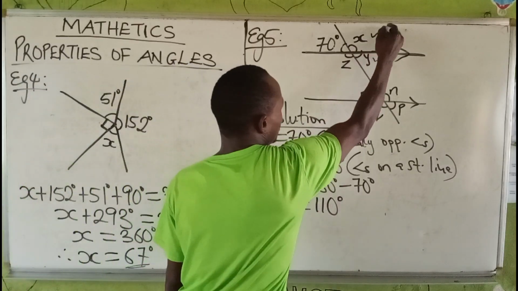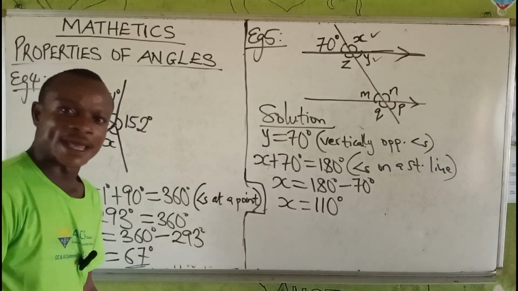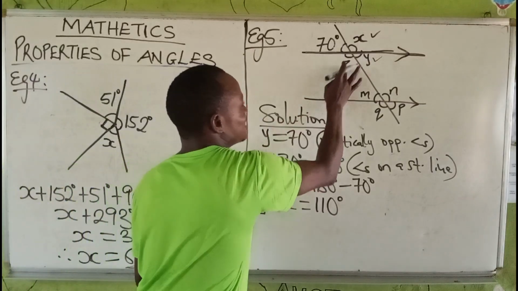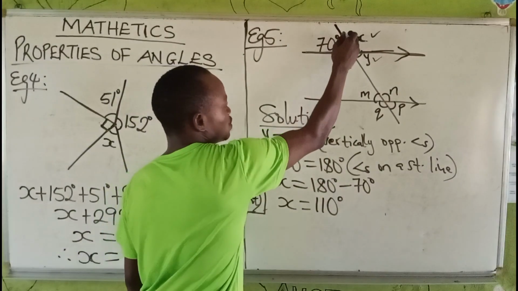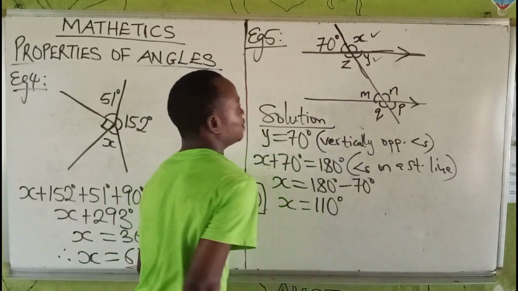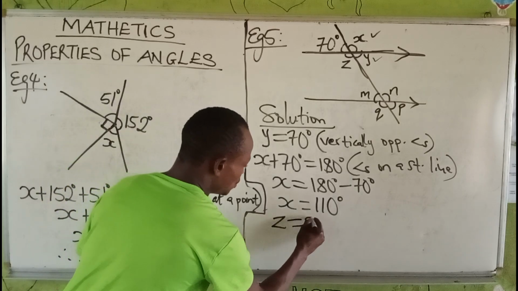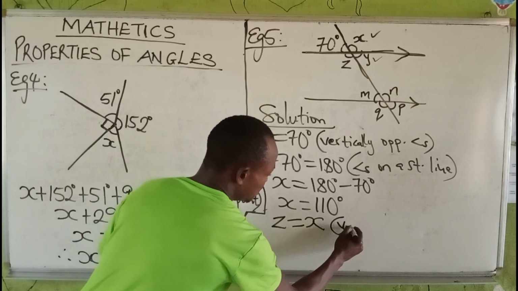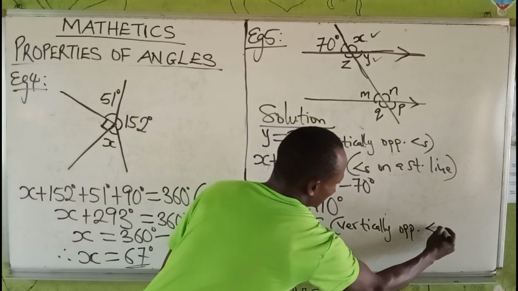Now we've gotten angle x. We can look for angle z here. Here, angle x and z are also vertically opposite, since these two straight lines are crossing each other. That means angle z is equal to angle x, and the reason is vertically opposite angles.